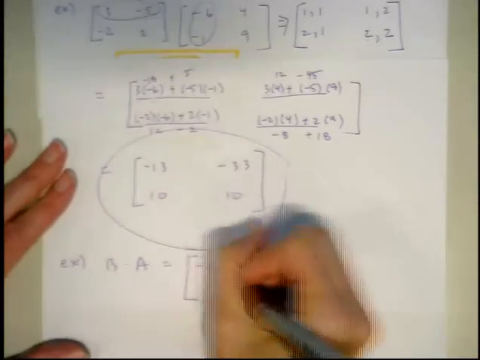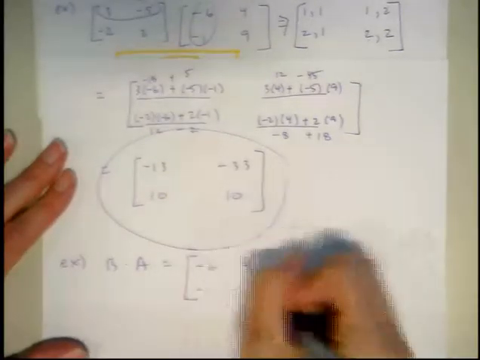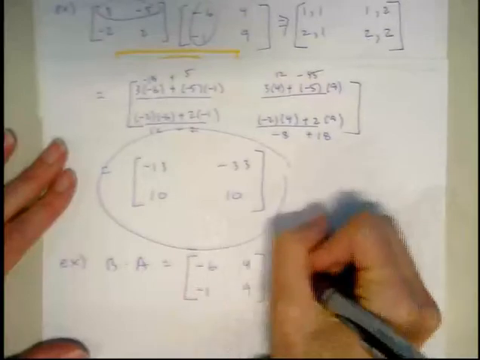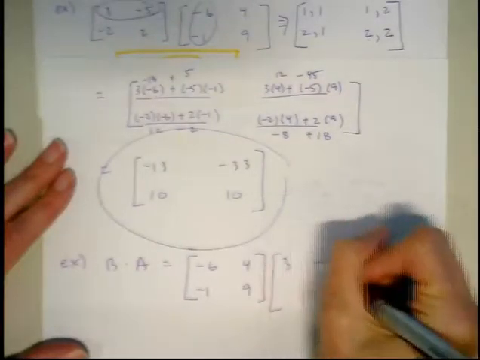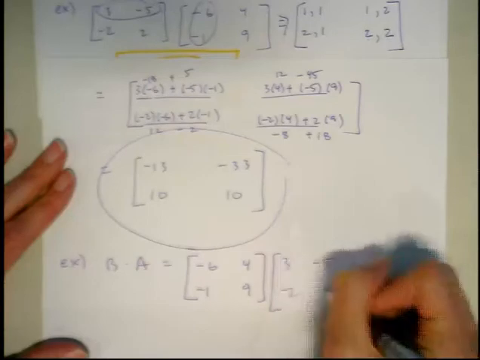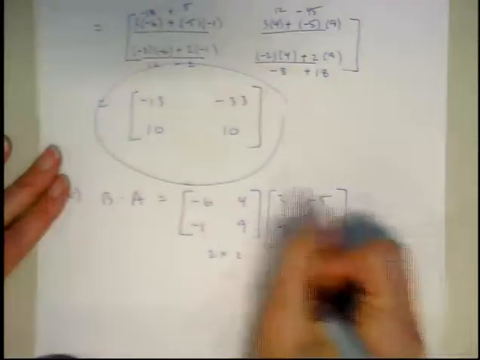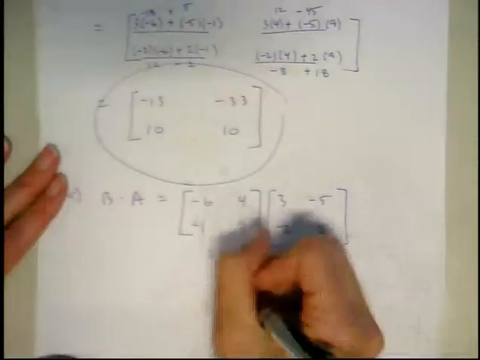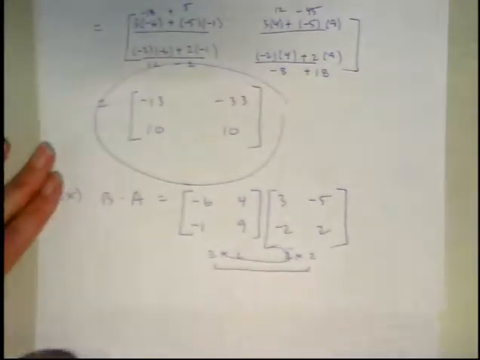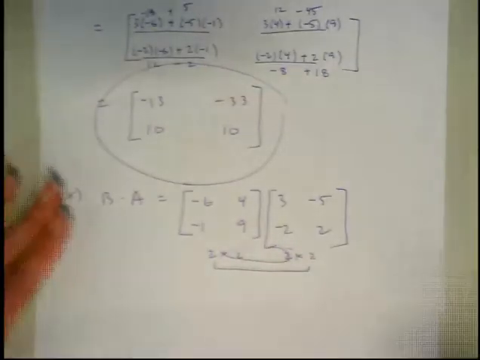B would be negative 6, 4, negative 1, 9. And A is 3, negative 5, negative 2, and 2. I can switch it because they're still compatible. 2 by 2 times 2 by 2. Those inner dimensions match, and I'm going to end up with a 2 by 2 resulting matrix.